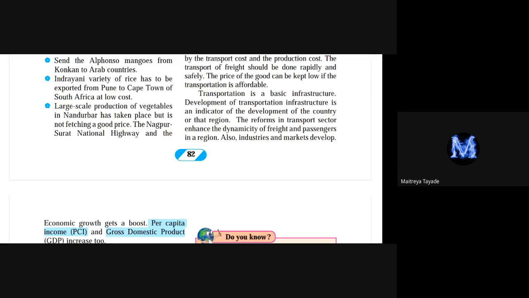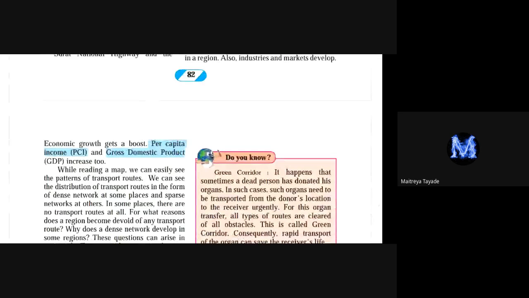That means the passenger transport and the freight movement that is taking place will be enhanced. Also, industries and markets develop. Because growth is happening and transportation infrastructure is continuously increasing, it means industries also increase and markets are also developed in the country or in that region.